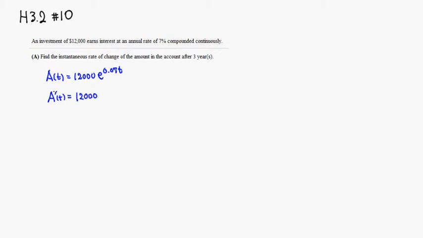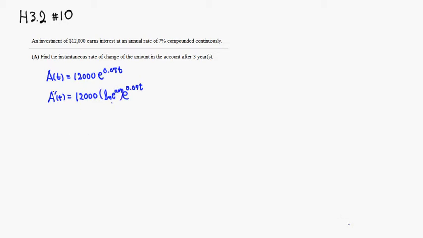Then when you have e to the 0.07t, we have exactly the same thing, but you have to multiply by the natural log of e to the 0.07.